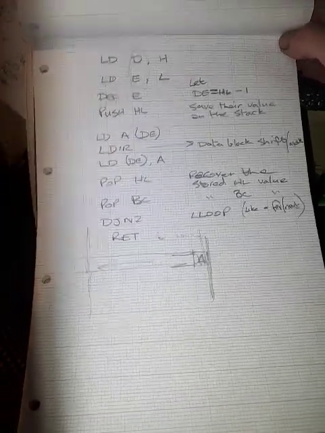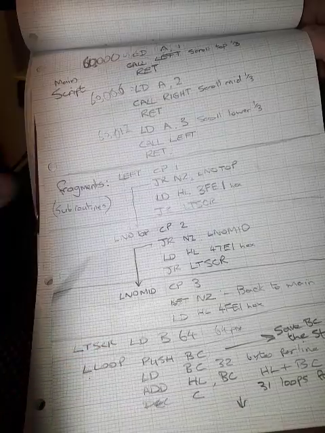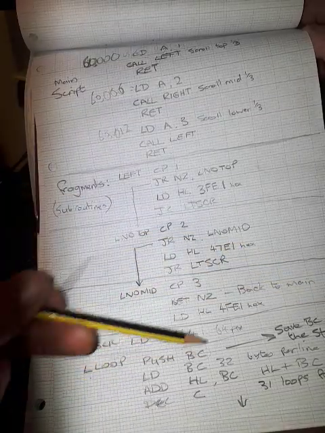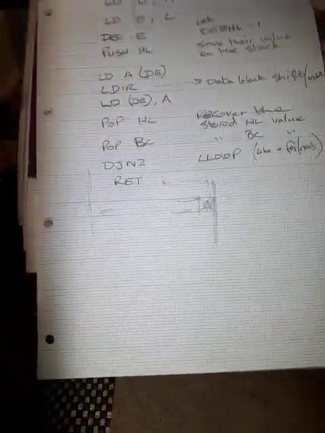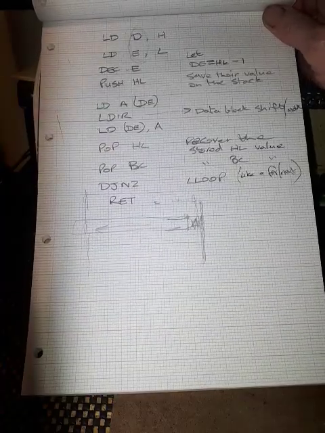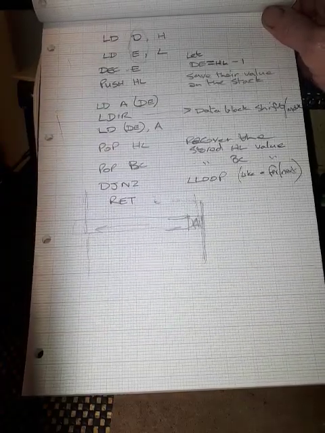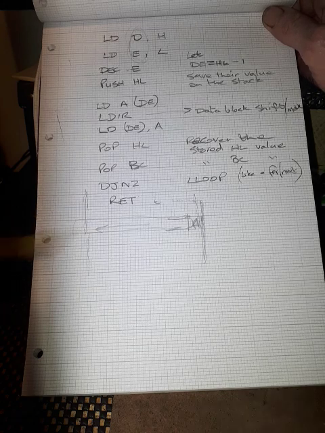It's a for next loop. So it jumps back to L loop and does all that again, saves the BC, does those operations as I've explained, not going through them again. When it's done, it's 31. Counts through, we've got to 0, we return back to the place we called it from. Go to the next program.